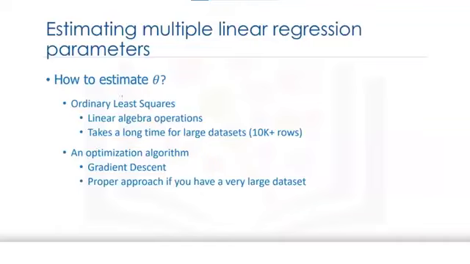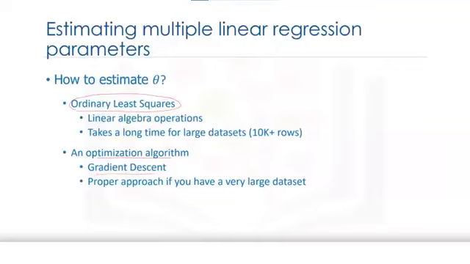Again, this method is called ordinary least squares, where the whole objective is to reduce the squared errors. And here we will use an optimization algorithm known as gradient descent.